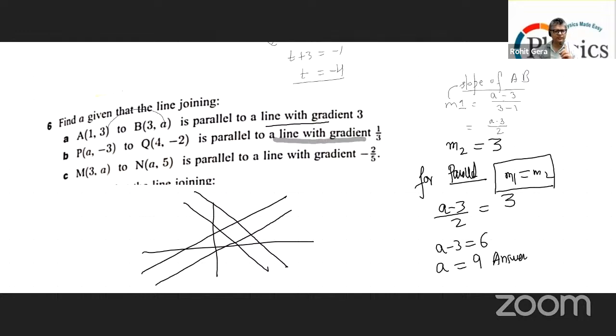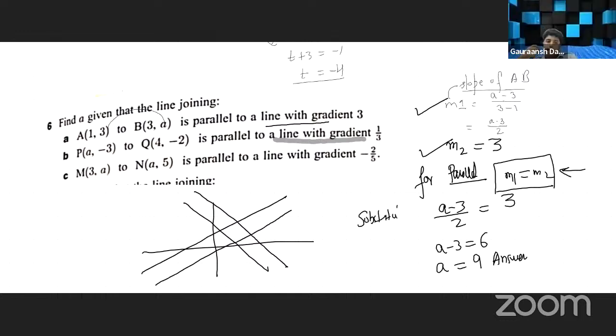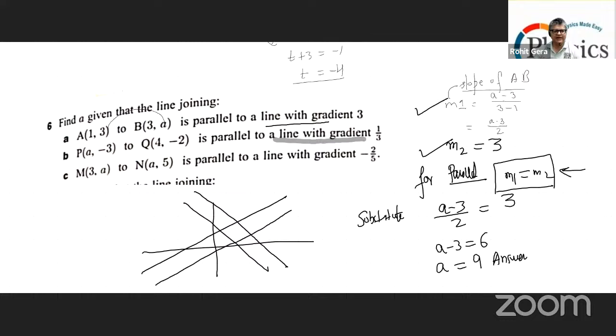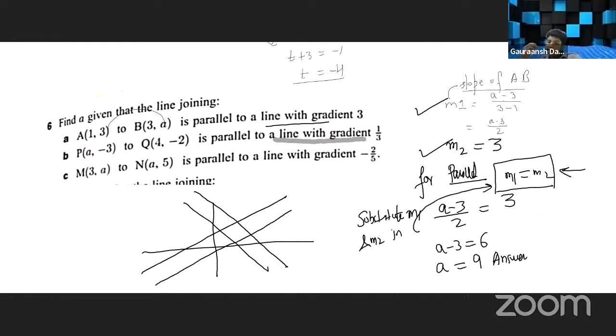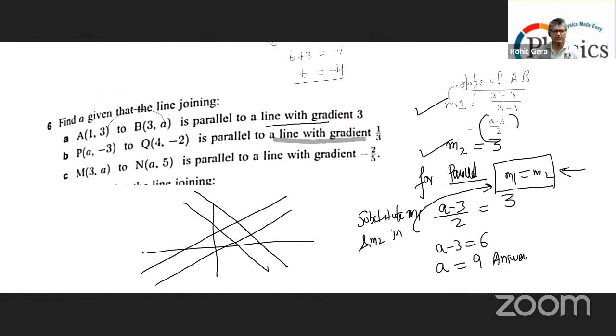So the way to solve: first gradient, second gradient, then the rule, whatever rule, perpendicular or parallel, then substitute the values in the rule. Substituting the values of M1 and M2 in the parallel condition, we get the answer.